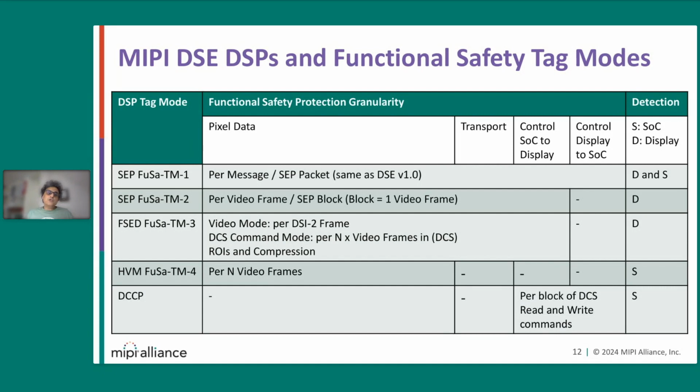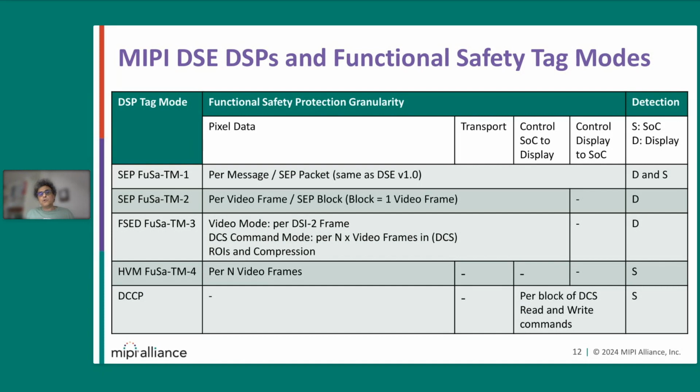And we have a so-called HVM tag mode, which is host verification tag mode. And we have DCCP, which is DSE control plane protection for DCS. Here we can see for each of these tag modes what we are protecting exactly.